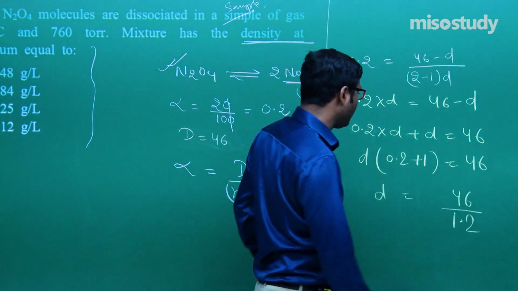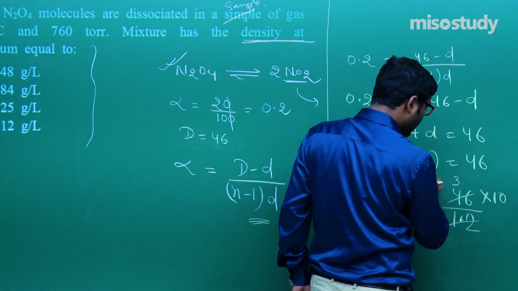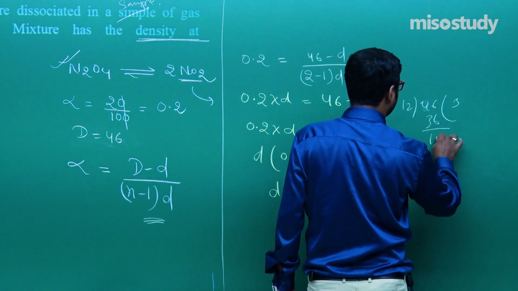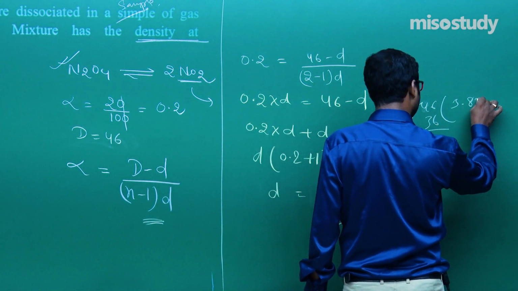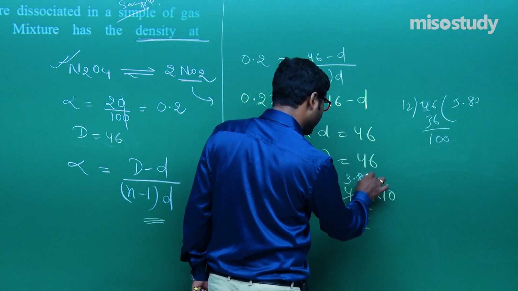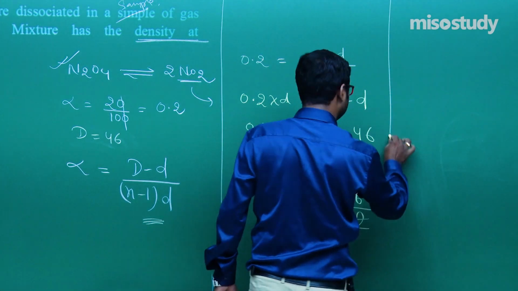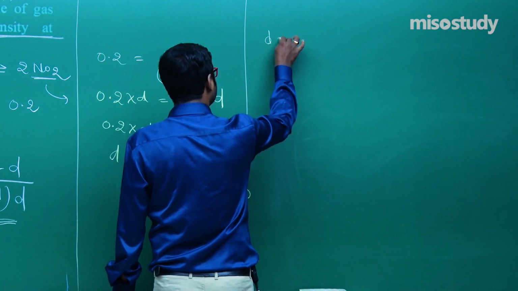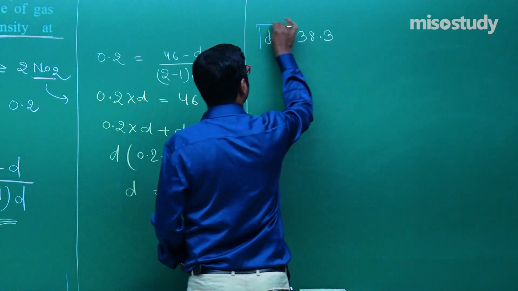Now this will come around 3.83 into 10, so d is equal to 38.3. Clear to you?